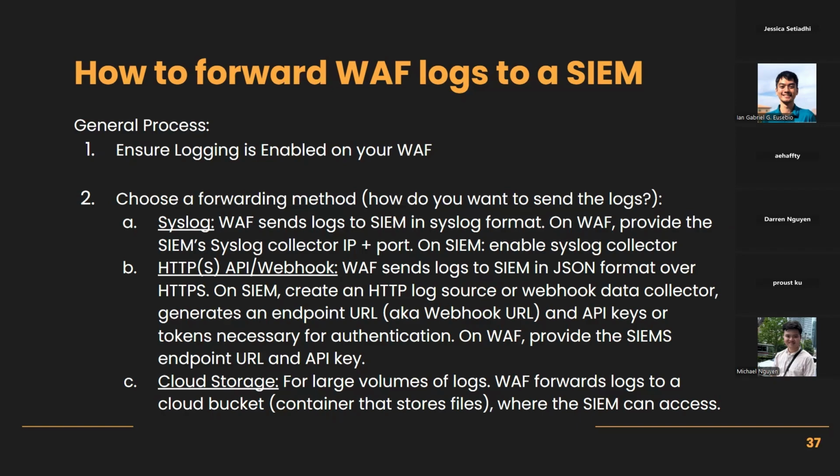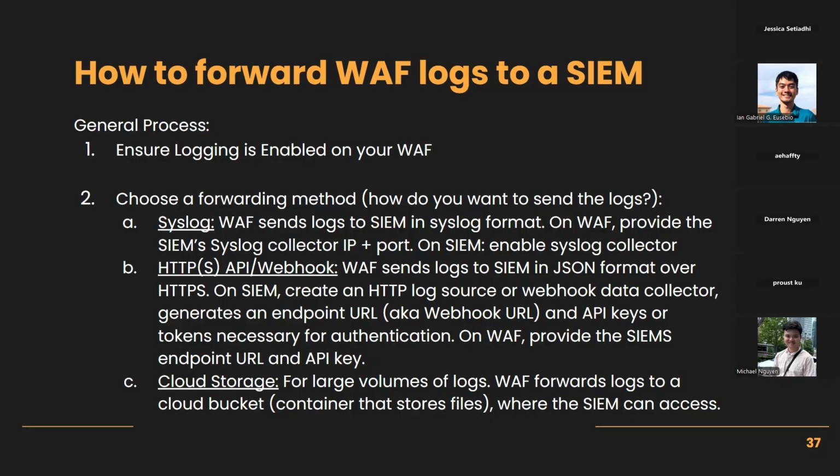You would take that IP and port and let the WAF know, hey, this is where you're going to send logs if you're doing syslog. And on the SIEM, you would enable the collector to start intaking syslog logs.